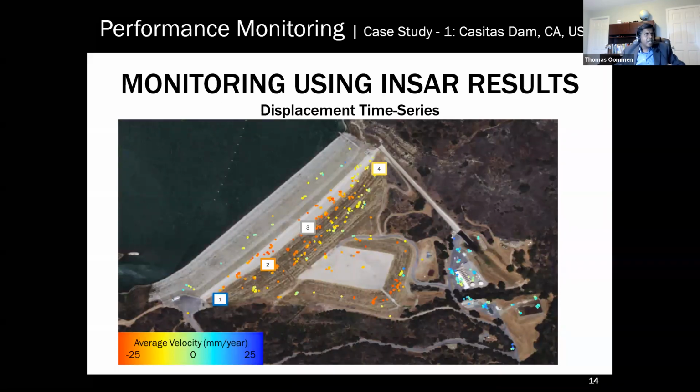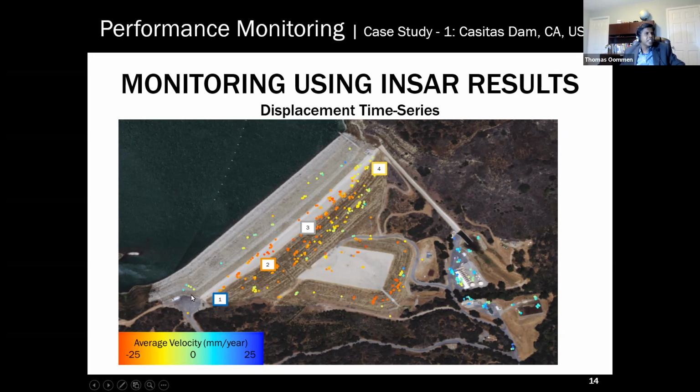Now we used the ASAR time series data for this, and we had some PS points at the dam site. You can see there were some areas that are red, some areas which had close to zero velocity, and then some areas in blue, which is more uplift.